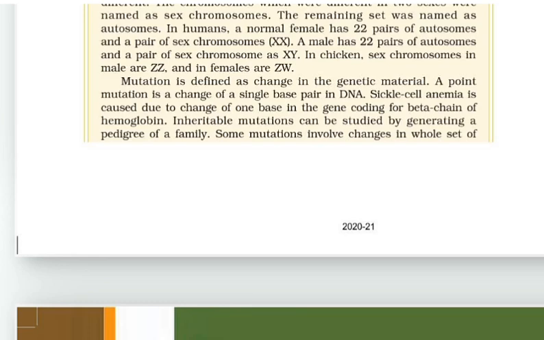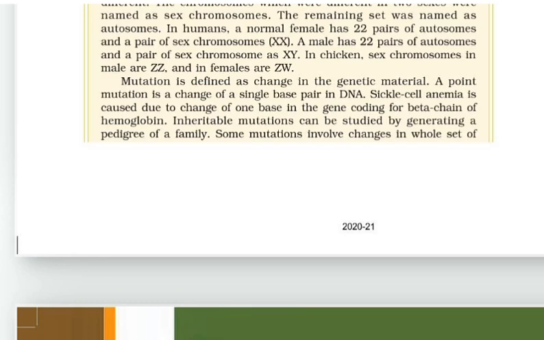In humans, a normal female has 22 pairs of autosomes and a pair of sex chromosomes, that is XX. A male has 22 pairs of autosomes and a pair of sex chromosomes XY.